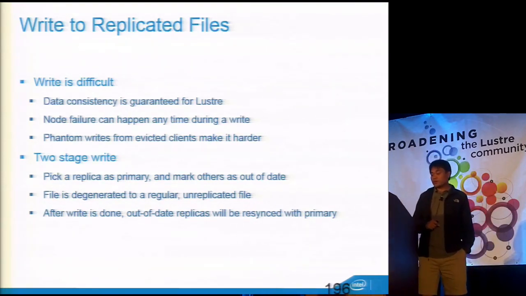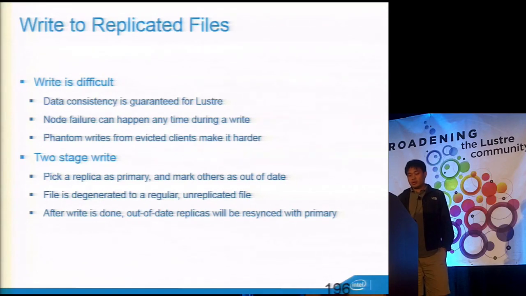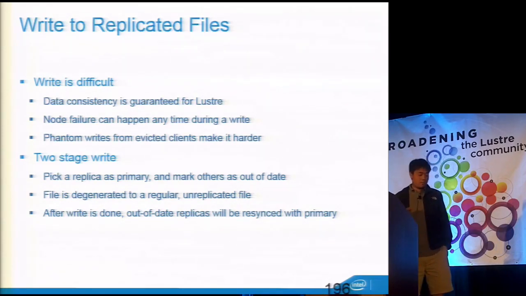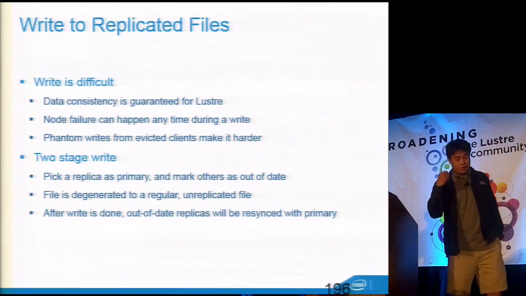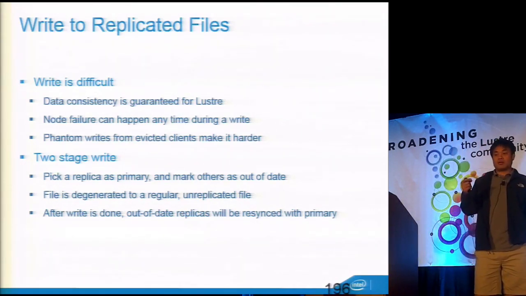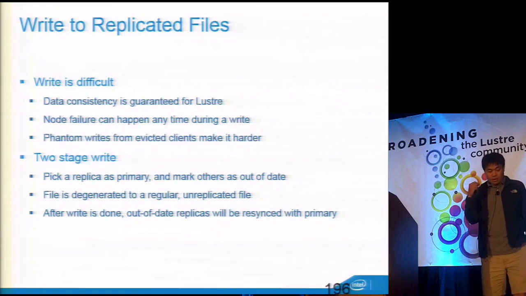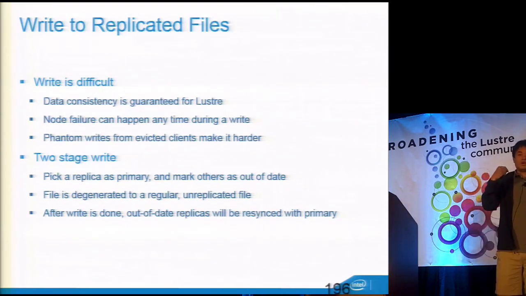Okay, so the two-stage write. We came up with a two-stage write for replication. So basically, we're going to pick up a replica as a primary for write, and then we're going to mark others as invalid. So during this time, the replicated file is degenerated as a regular file, right?